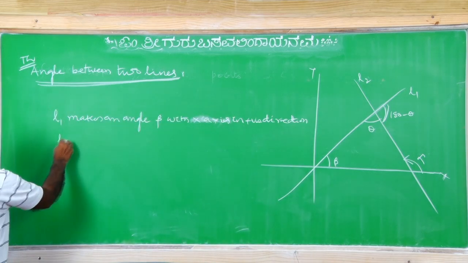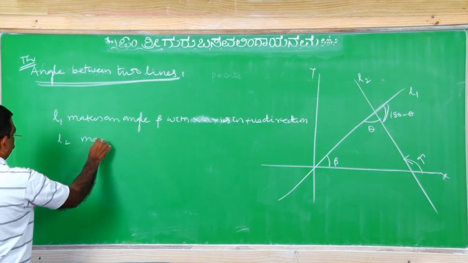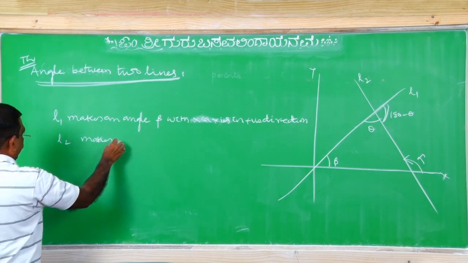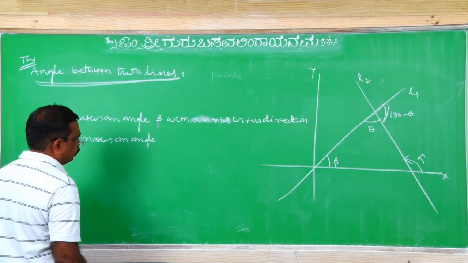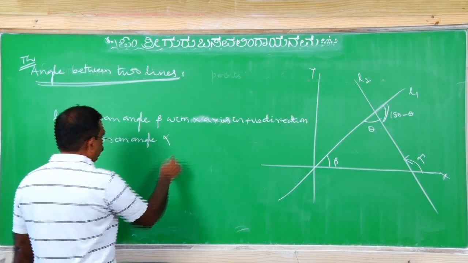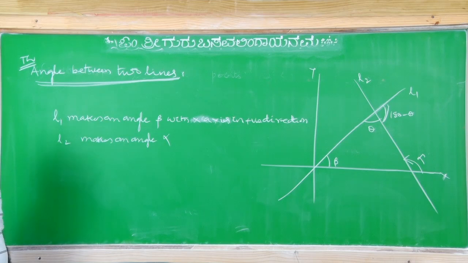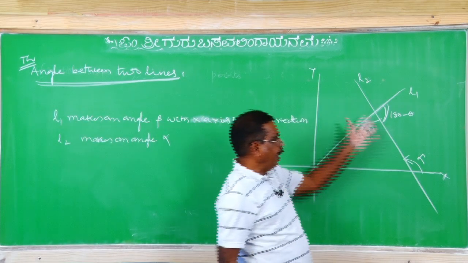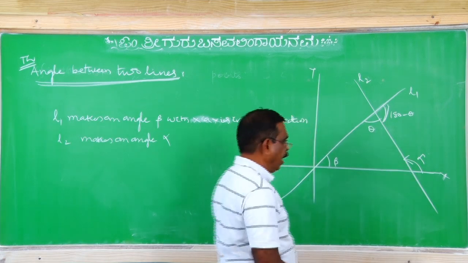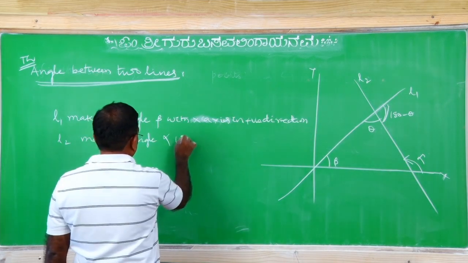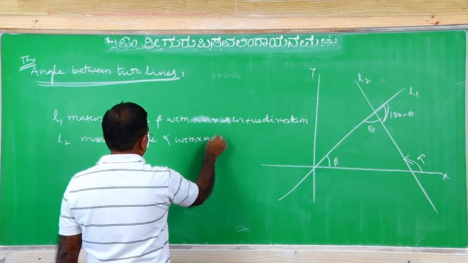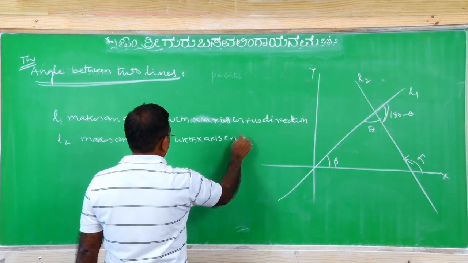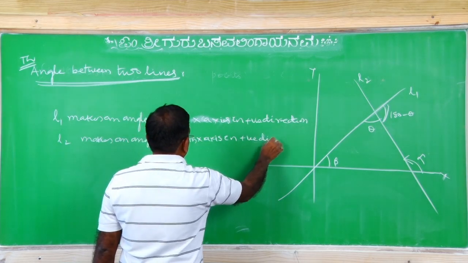L2 makes an angle, how much? L2 makes an angle alpha with x-axis in positive direction.